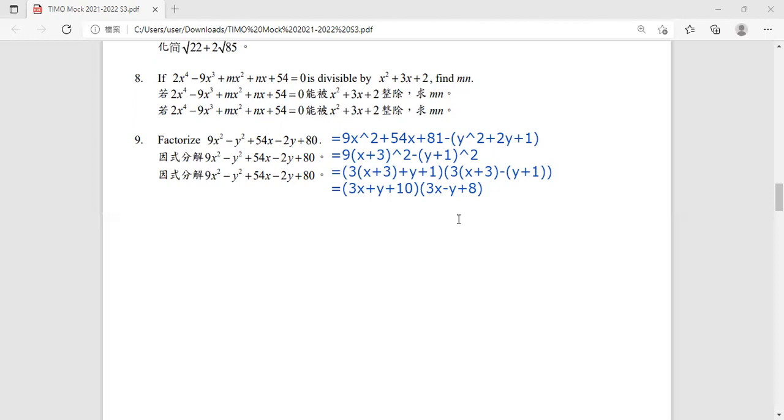Now this is the first method. The second method, you can use the double cross method to do it, but I think it's a little bit clumsy here.